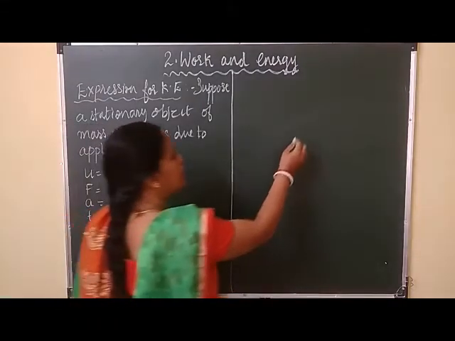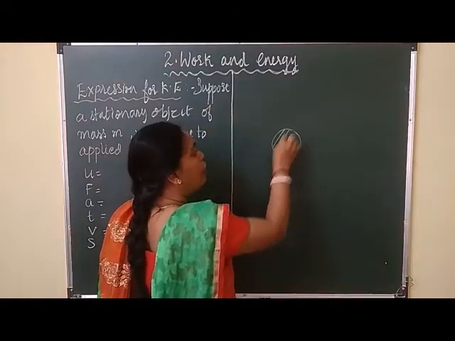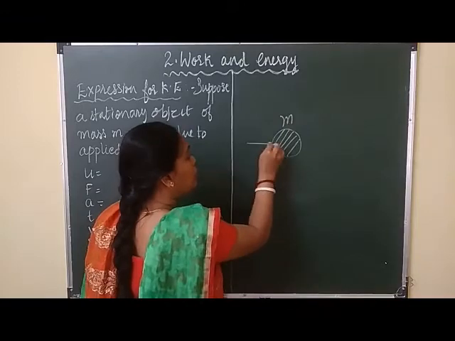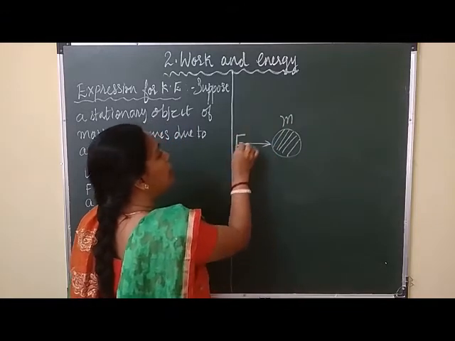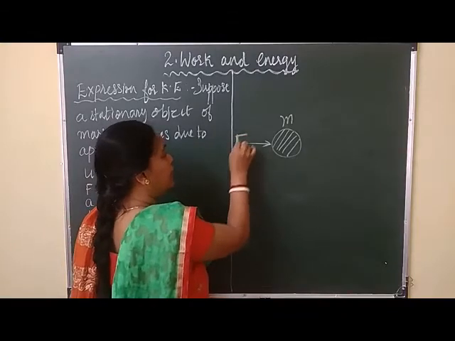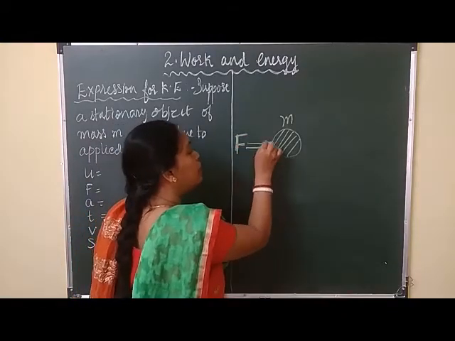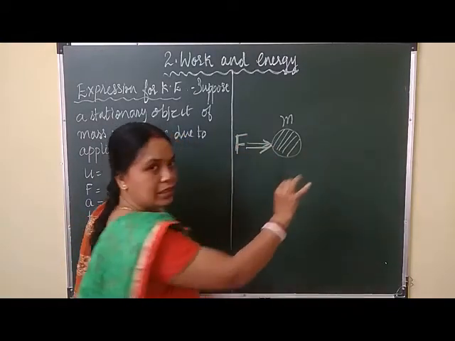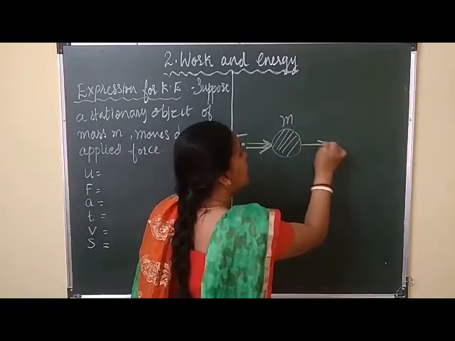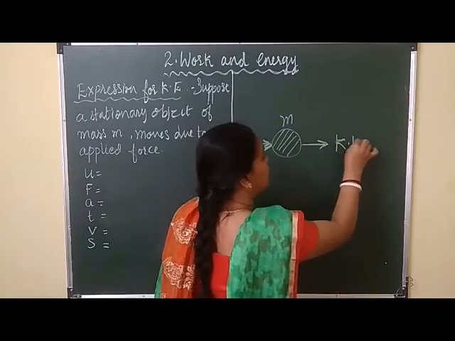Suppose a stationary body of mass m moves due to the applied force. When force is applied, the stationary body moves in some direction, and when it moves, it gains kinetic energy.